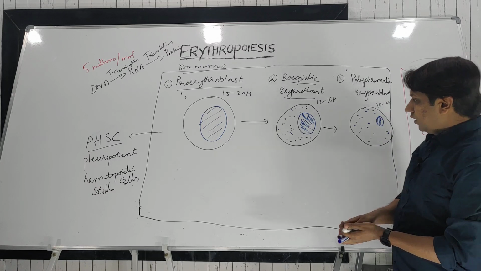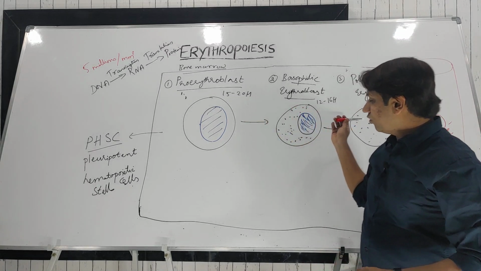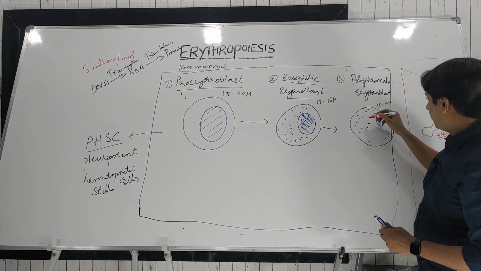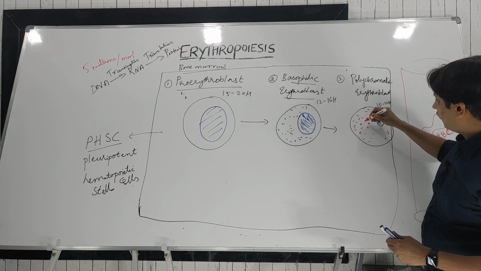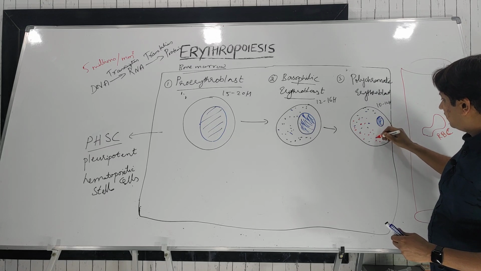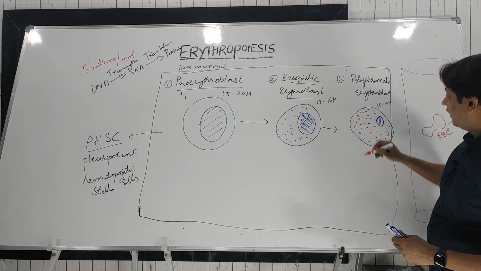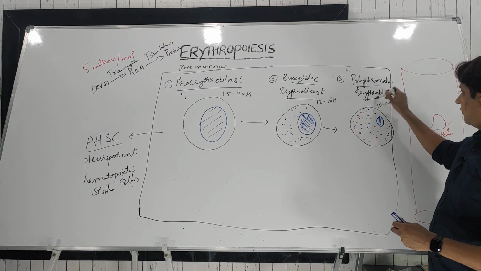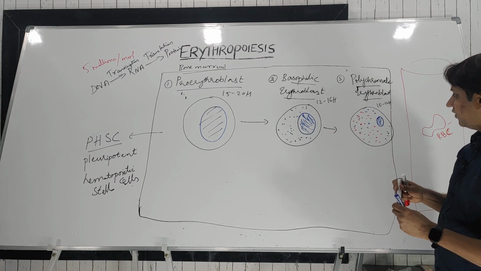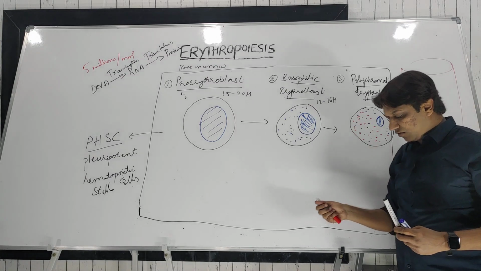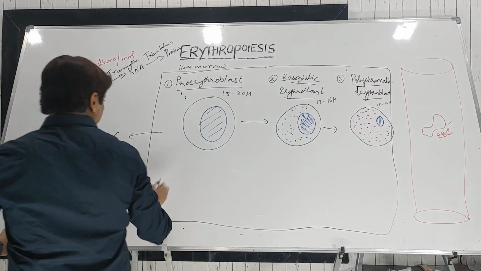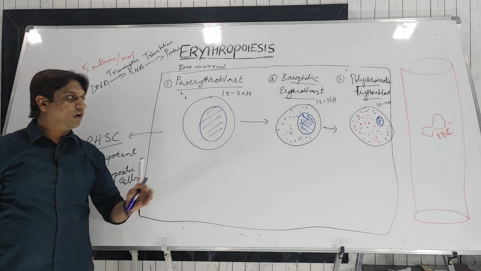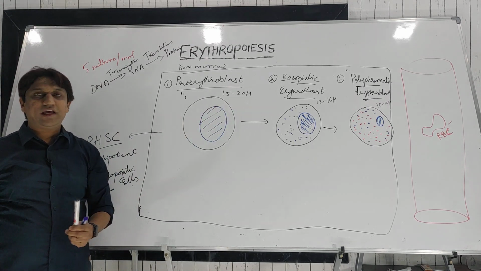Also the production of hemoglobin starts here, that is, the RNA will develop protein synthesis, that is, formation of hemoglobin starts here, and it will give some pinkish appearance. That's why it is known as polychromatic erythroblast. So the cytoplasmic staining has both basophilic as well as pinkish staining due to the presence of hemoglobin. That is, hemoglobin formation starts first at the stage of polychromatic erythroblast.